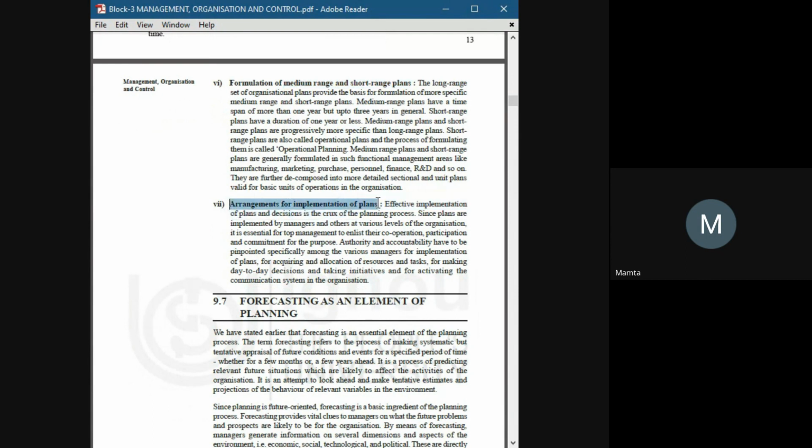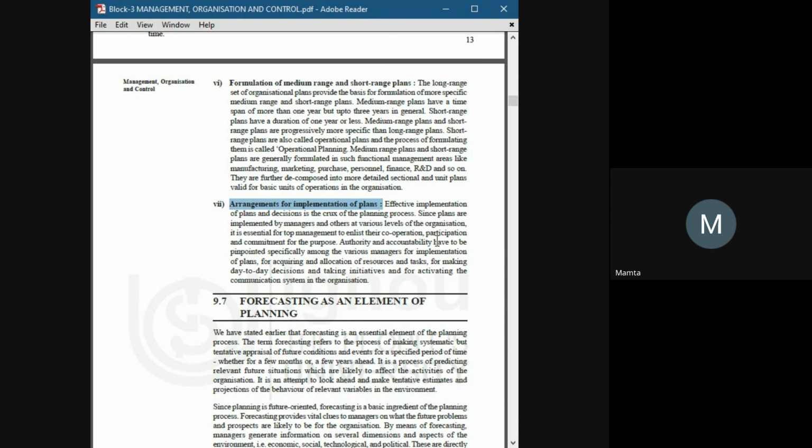Arrangements for implementation of plan. We have created the plan, we have formulated the plan. Now we will make arrangements for the implementation of our plan in the organization. Effective implementation of plans and decisions is the crux of the planning process. Since plans are implemented by managers and others at various levels of the organization, it is essential for top management to enlist their cooperation, participation, and commitment for the purpose.